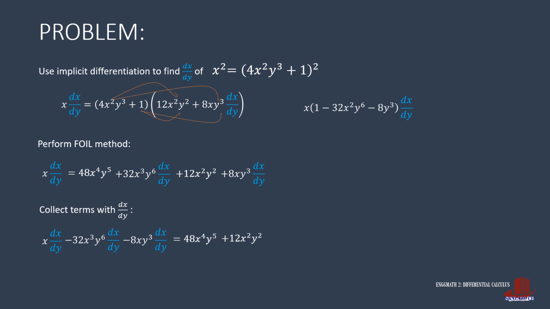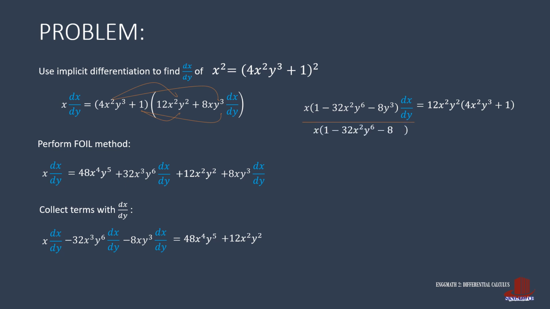Factor out x and the derivatives from the three terms to make x times the trinomial of 1 minus 32x squared y raised to 6 minus 8y cubed multiplied by dx over dy as equal to the remaining terms, factoring out 12x squared y squared with the binomial 4x squared y cubed plus 1.